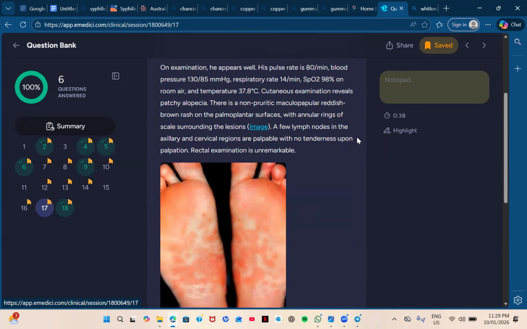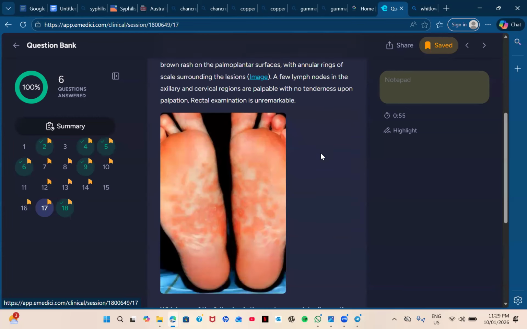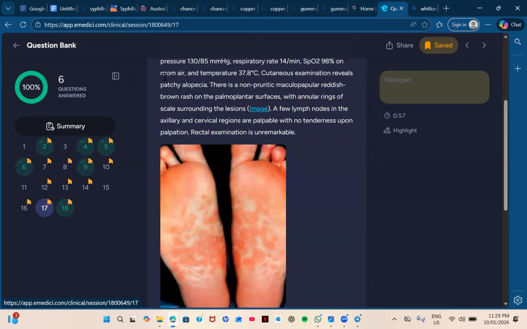On examination, he appears well. Pulse rate 80, blood pressure 130 by 85, respiratory rate 14, SpO2 98, temperature 37.8, a bit mild. Cutaneous examination reveals patchy alopecia.